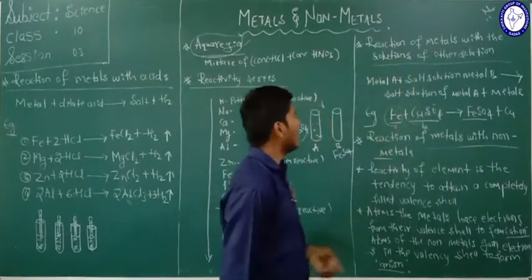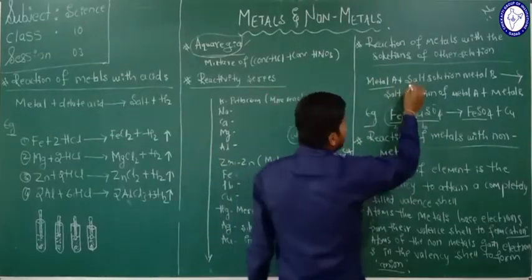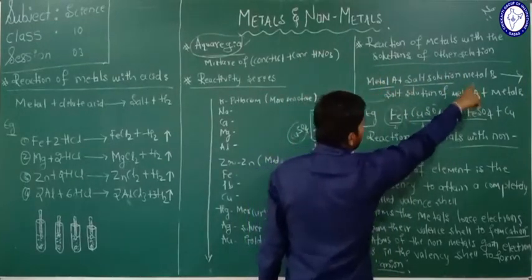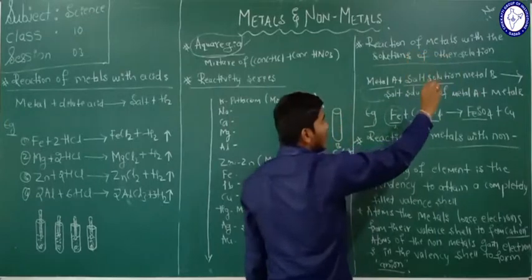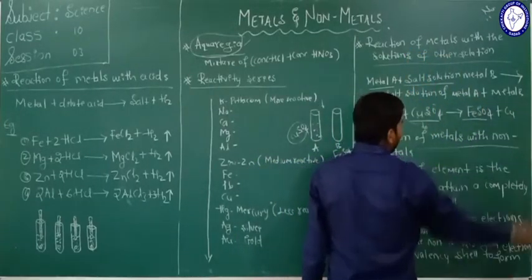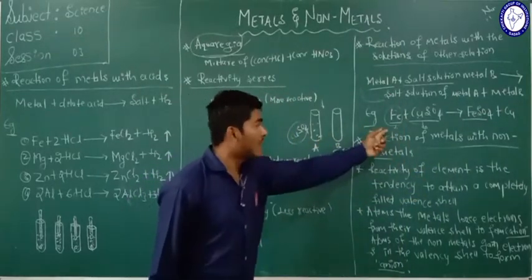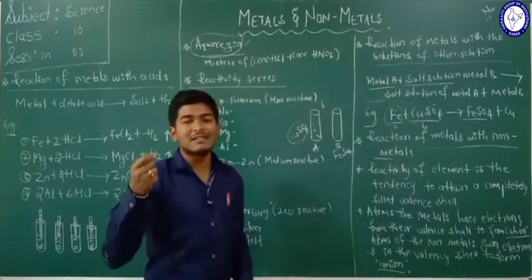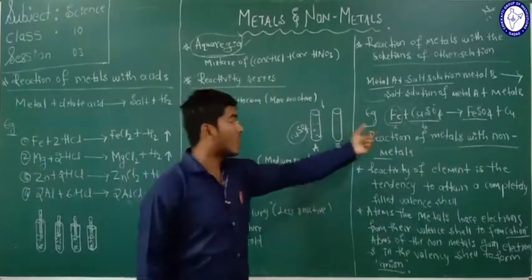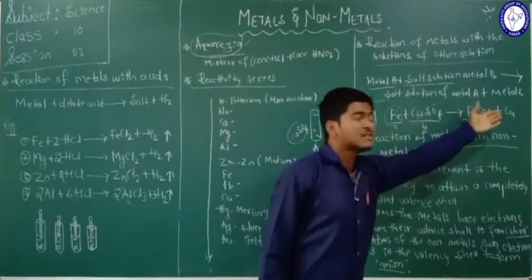As a general example, when metal A reacts with the salt solution of metal B, metal A replaces metal B from the salt solution of metal B, and that forms the salt solution of metal A plus metal B. One example: when copper sulfate solution reacts with iron, iron is more reactive than copper, so iron displaces the copper from the copper sulfate solution and it forms ferrous sulfate solution plus copper.